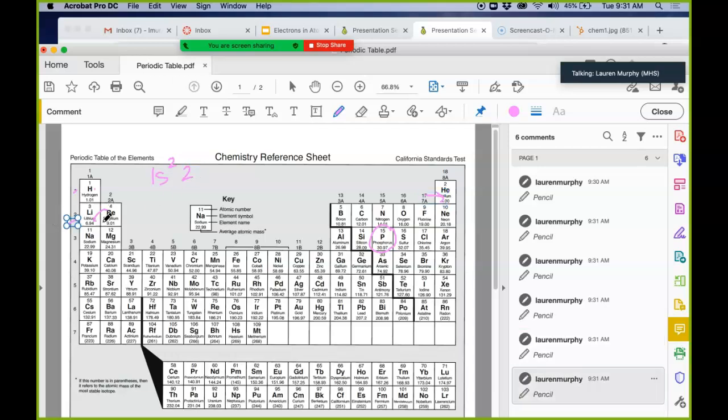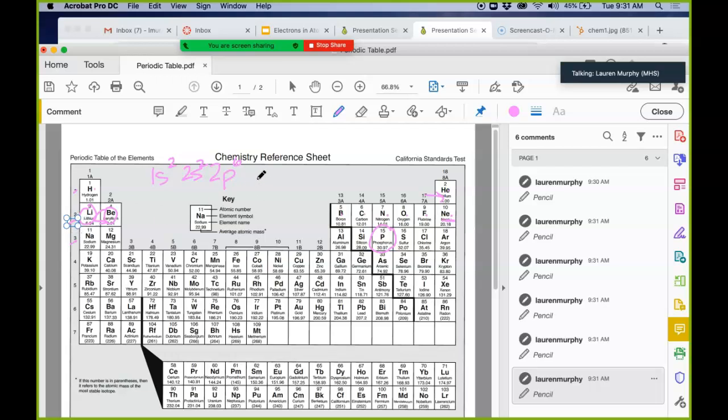What block is this? S. How many electrons? 1, 2. Keep reading your periodic table. What energy level? 2. What block is this? P. This is the P block over here. Keep counting. 1, 2, 3, 4, 5, 6. Now I'm at neon, so 2p, 6. I'm not finished. I have not gotten to phosphorus yet.